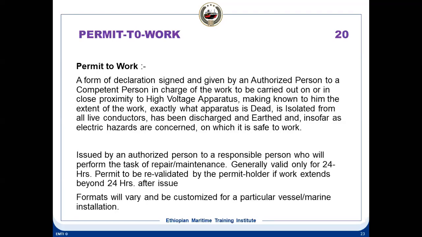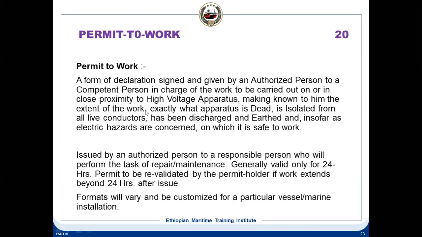Okay. Now coming to the permit to work system. What is the definition of a permit to work? A permit to work is a form of declaration signed and given by an authorized person to a competent person in charge of the work to be carried out on or in close proximity to high voltage apparatus, making known to him the extent of the work.